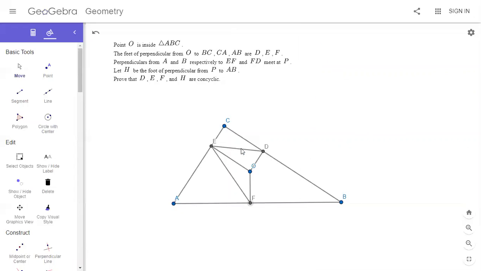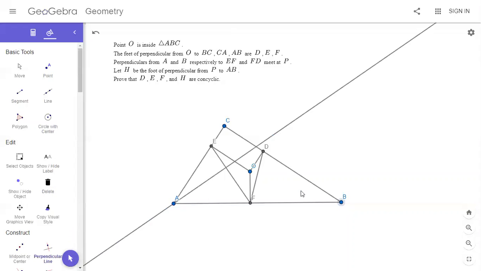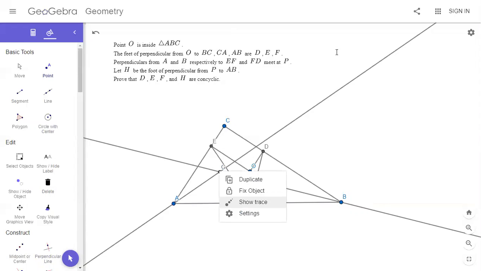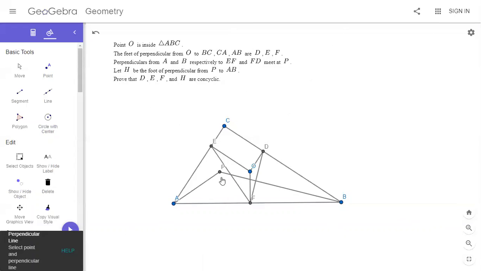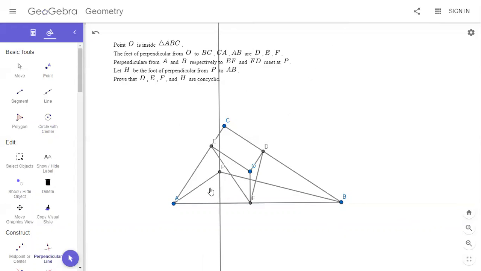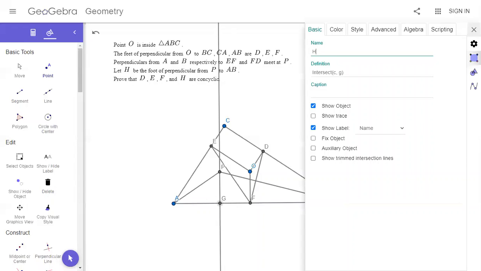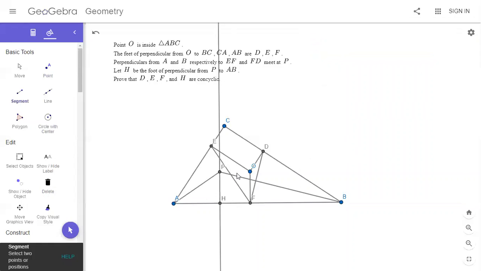There we go. So those two perpendiculars meet at P. And then we drop another perpendicular from P to AB, and we call it H. And we want to show D, E, F, and H are cyclic.